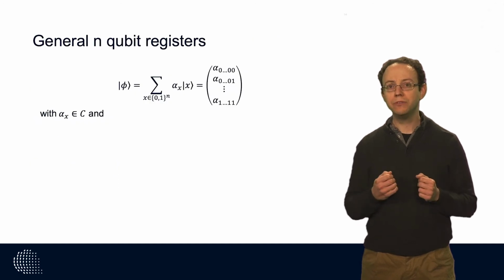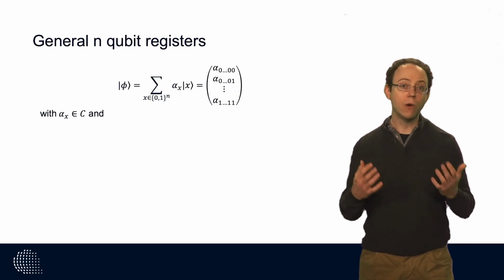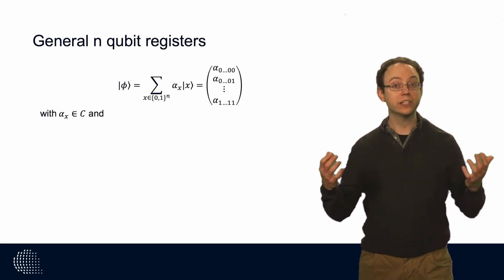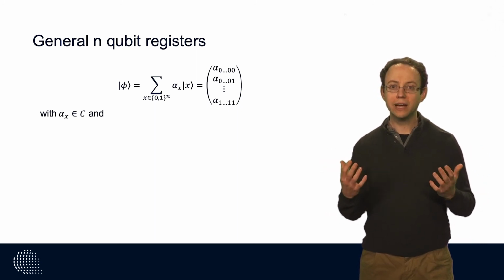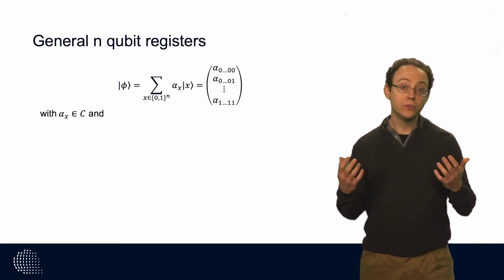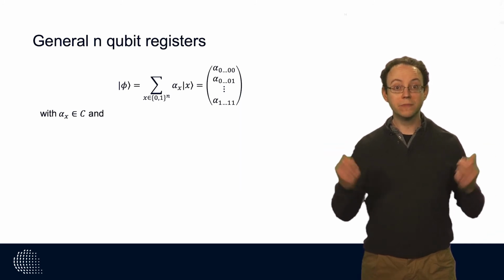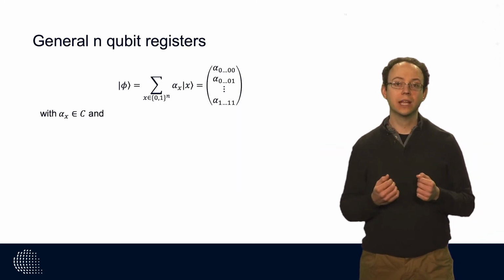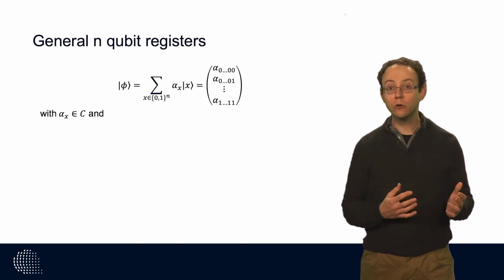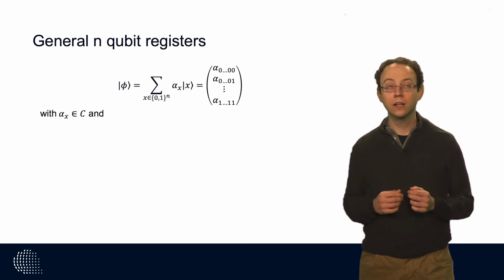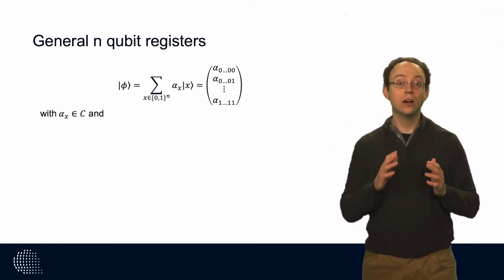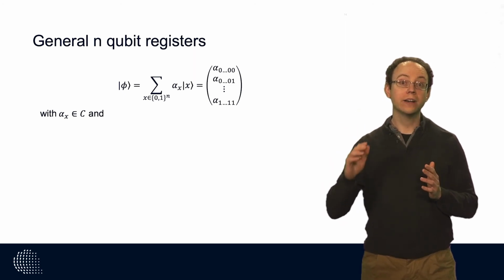Now, we have defined the state of a 1 and a 2-qubit register. You can imagine if I give you a 3-qubit system, then the general state can be written as a linear combination of 0,0,0, 0,0,1, all the way up to 1,1,1.